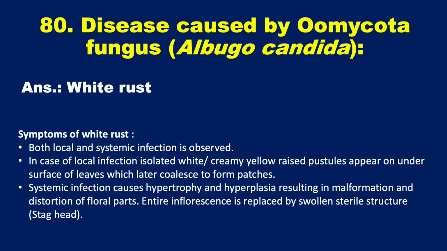Systemic infection by this organism, Albugo candida, causes hypertrophy as well as hyperplasia. Ultimately, it results in the malformation and distortion of the floral parts. An entire inflorescence is replaced by swollen sterile structure, which is generally termed as stag head.